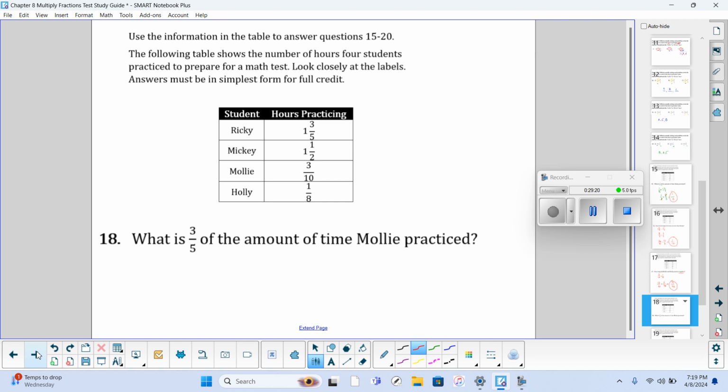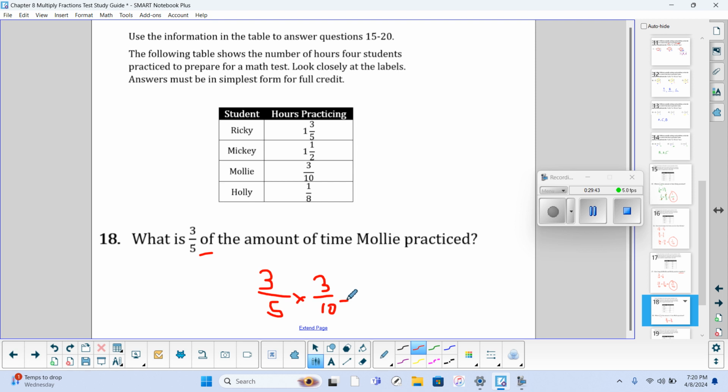Number 18 is asking us, what is 3/5 of the amount of the time Molly practiced? Once again, the "of" means multiply. 3/5 of Molly's time. So 3/5 times Molly's hours is 3/10.